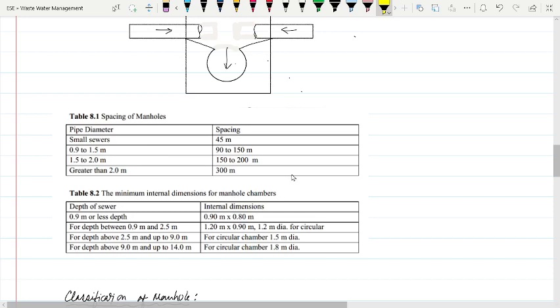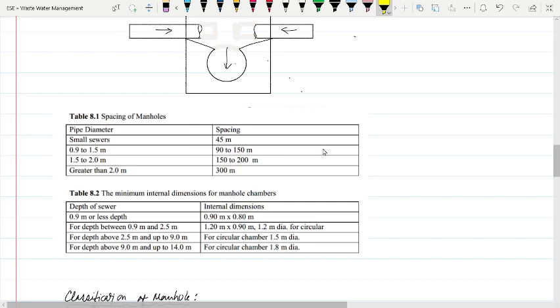Generally, manhole spacing depends upon the sewer pipe size. The larger the sewer pipes, the greater the spacing, because with larger sewer pipes there is a lesser chance of accumulation of solid particles.